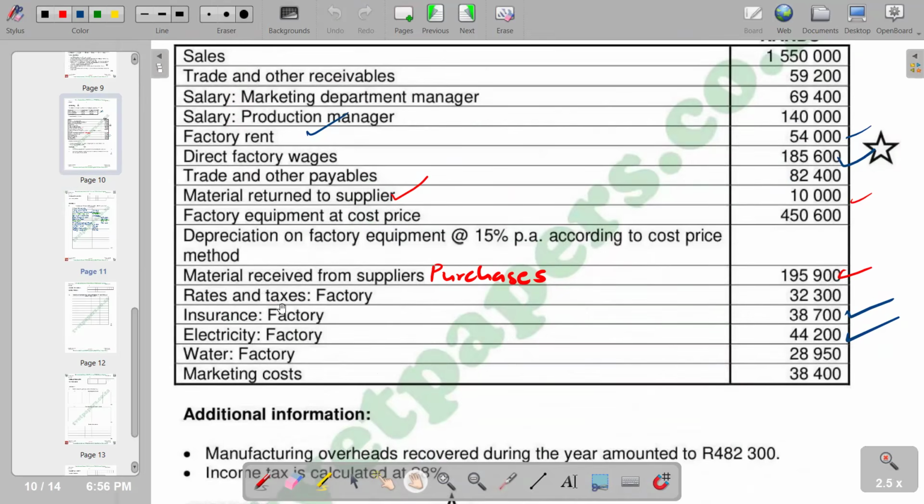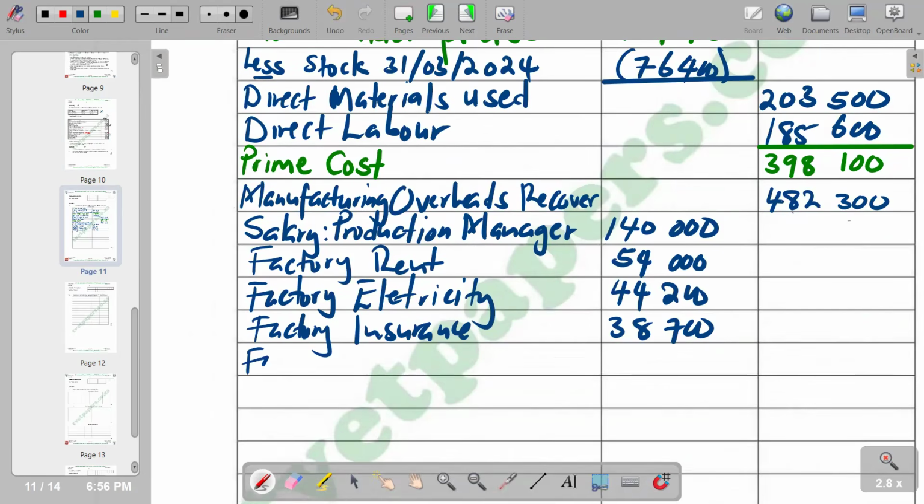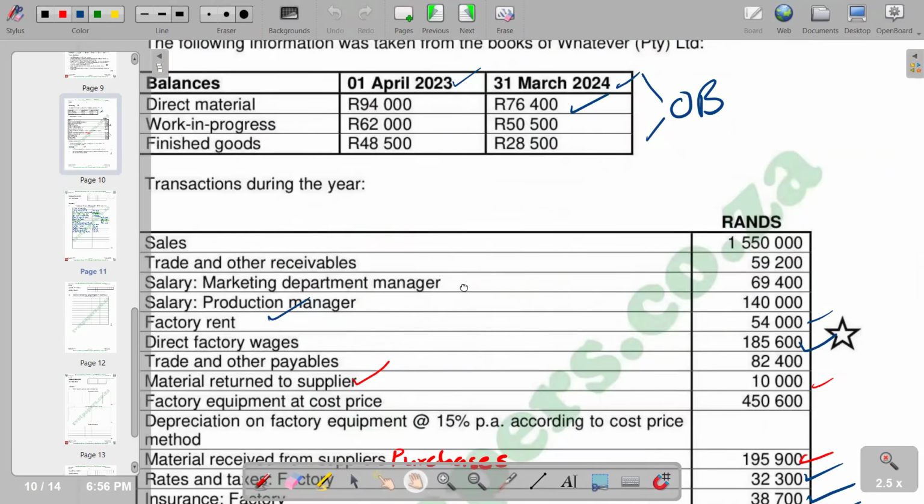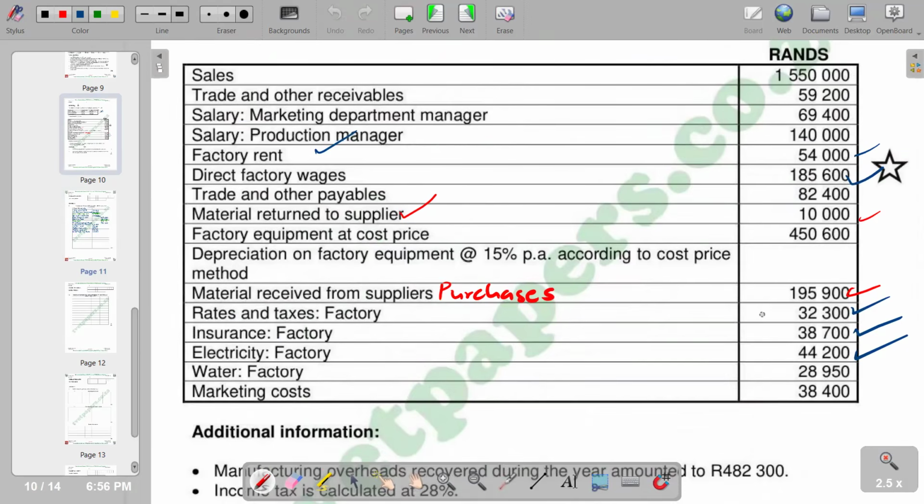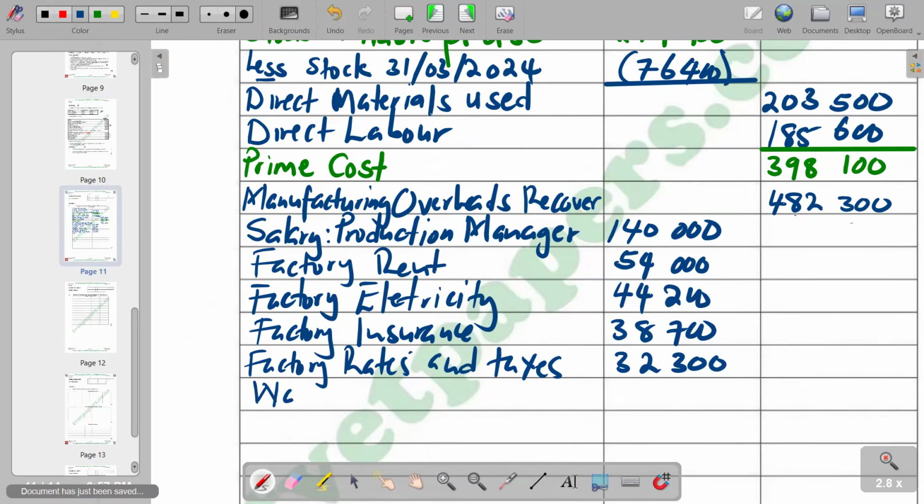So we have also factory rates and taxes, 32,300. And then from there, we check again. So we have also water factory, 20,950. And we got 28,950.